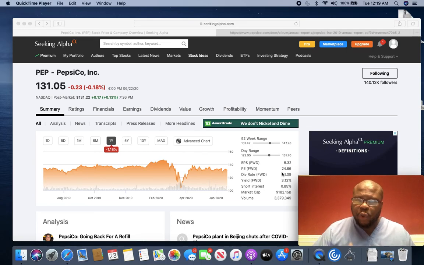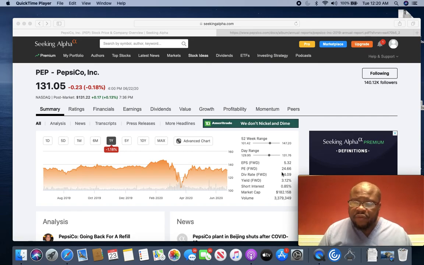So a PE ratio of 24 essentially means you're paying $24 for every dollar of earnings the company makes. That's essentially what it means. A PE ratio of 24 is basically 24 to 1. If the PE ratio is 50, that means you pay $50 for every $1 in earnings the company makes.